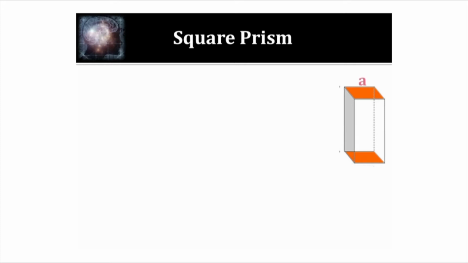Let us consider one side as A. So, all the 4 sides will be A. When we unfold the prism, the measurement of lateral faces of the net will be equal to the sides of the bases. That is, sides of the 4 lateral rectangles become A.